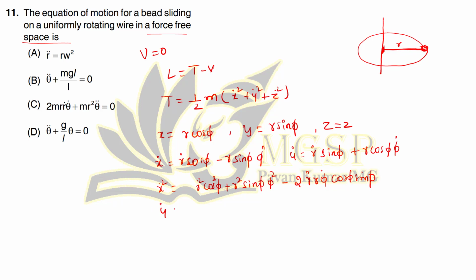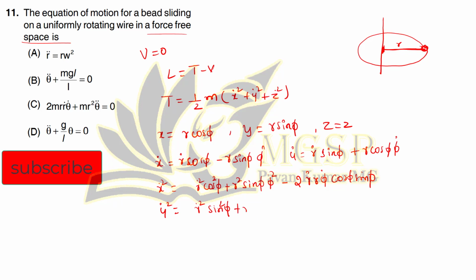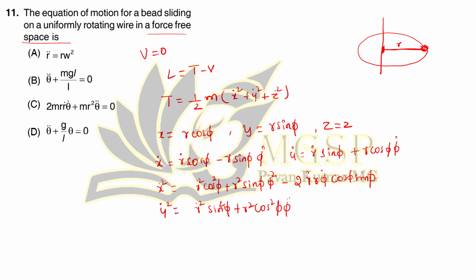Similarly, y dot square becomes r dot square sin square phi plus r square cos square phi phi dot square plus 2 r dot r phi dot cos phi sin phi.